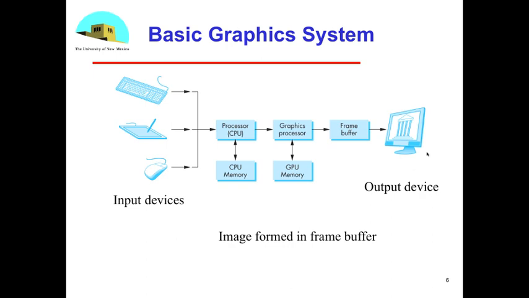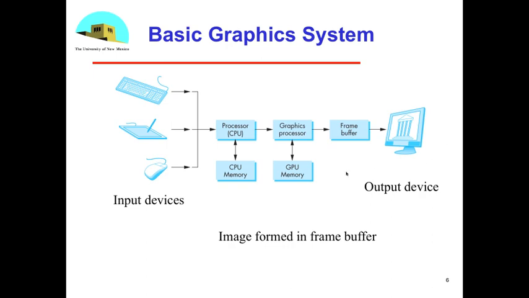On the output, for now, we'll assume we just have some sort of a standard flat screen panel. Most output devices that you'll see can be modeled that way, and even when we talk a little bit about stereo devices, they'll be very, very similar.